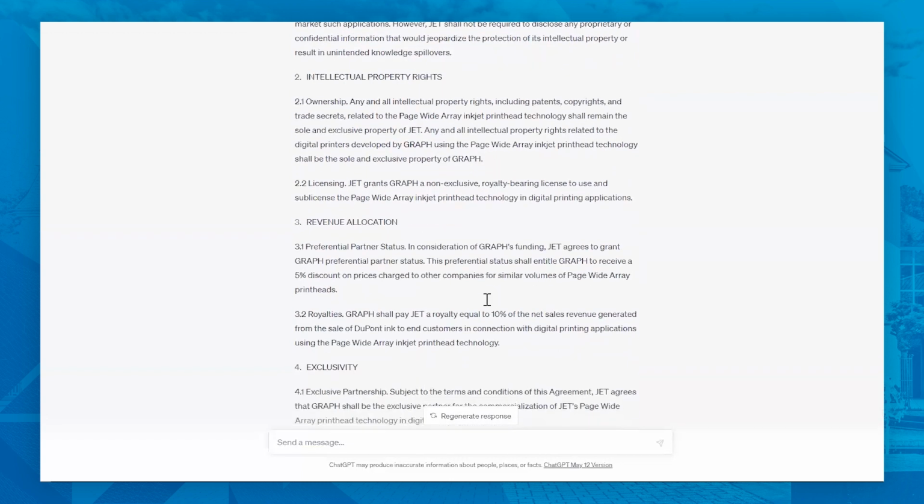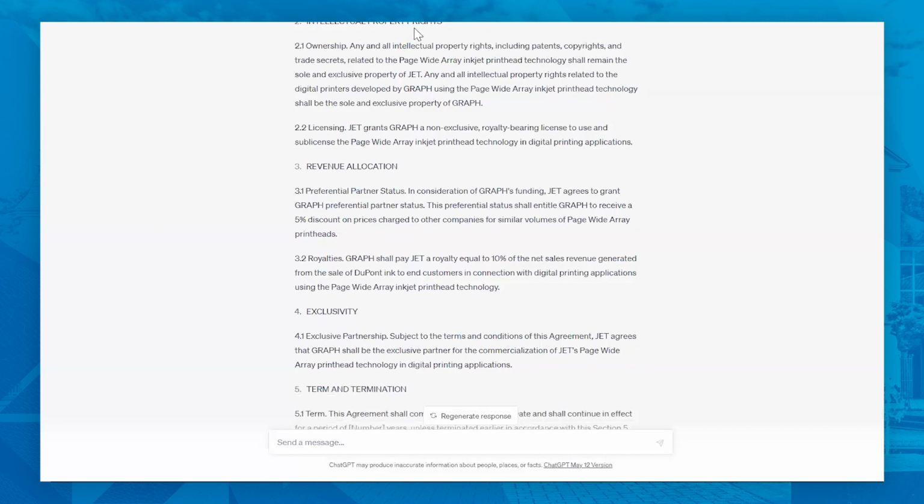But then you see it formulates an intellectual property clause, where it's saying, intellectual property, including patents related to the inkjet printhead, shall belong to Jet, whereas all intellectual property related to the printer shall belong to Graph. And Jet also will grant Graph a non-exclusive royalty-bearing license. Yeah? So actually quite sophisticated clauses here about intellectual property.